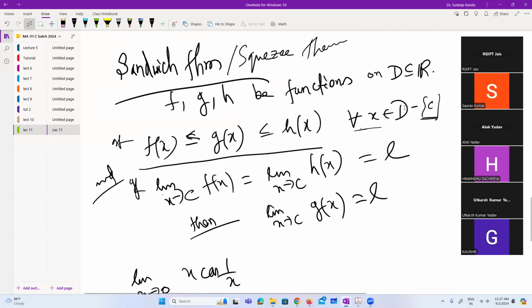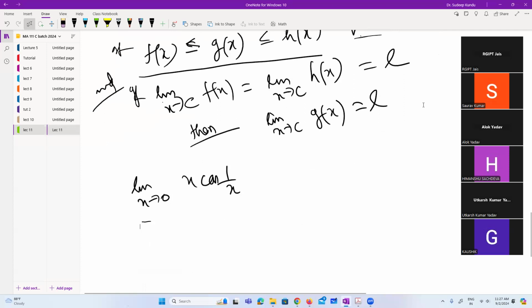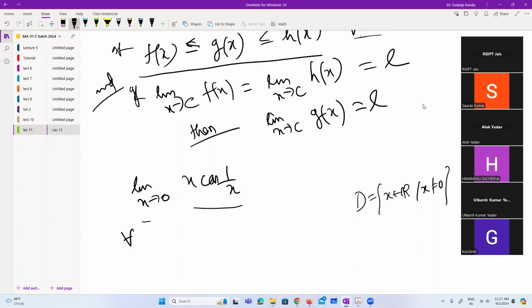So in this interval, here we'll choose some x not equal to 0, okay? In this interval, by which value is this bounded?